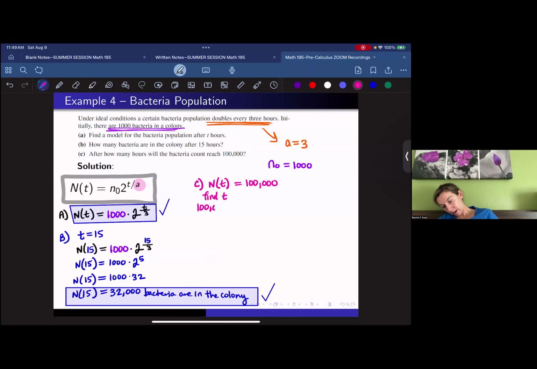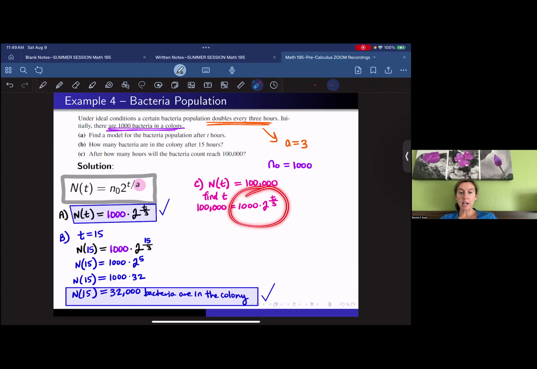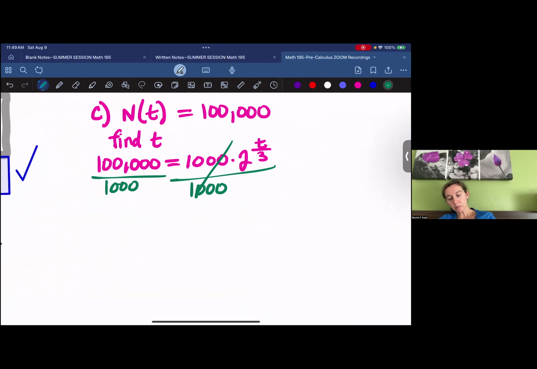So we set 100,000 equal to the 1,000 times 2 to the t over 3, and then reverse engineer this right-hand side to get t all alone, to isolate our t value in order to figure out the number of hours. So my first step is I'm going to do the opposite of multiplication, which is division, and divide both sides by 1,000. Let me zoom in on this a bit more. And so that will give us 100 on that left-hand side is equal to 2 to the t over 3.